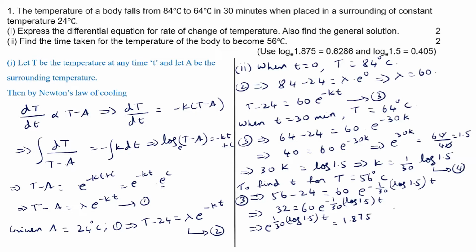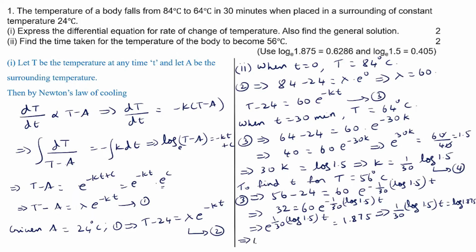Now 60 upon 32, it is 1.875. If we take log on both sides, we get 1 by 30 log 1.5 T equal to log 1.875. From this we can find T very easily.